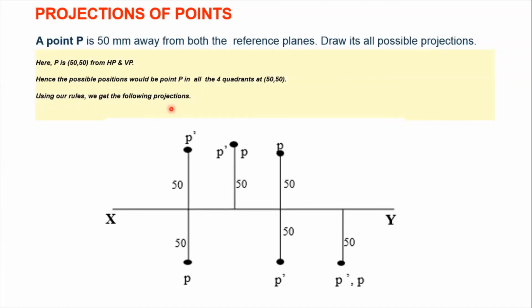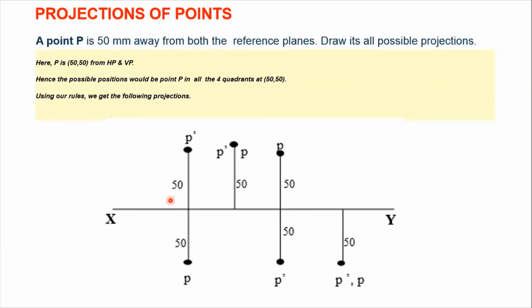So now let us start with the answer. First we'll be plotting this XY line. Now let us first project this point P according to your first quadrant system. So first quadrant point would be above XY line and it is in front of your XY line. So above XY line, that means point would be above HP, 50 mm above HP and 50 mm in front of VP.